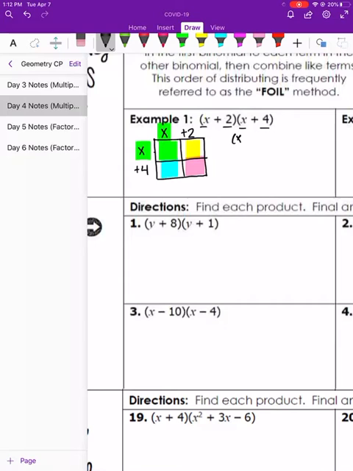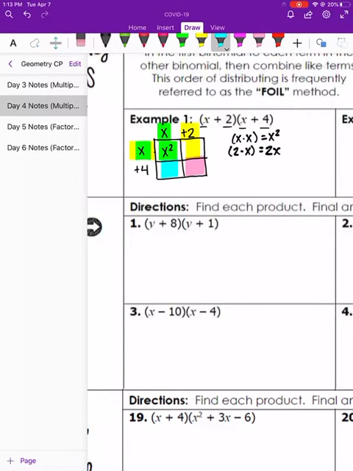So x times x equals x squared. So x squared goes right there. For my yellow one, I'm going to look at the 2 things that go into the yellow box. This 2 goes in and this x. So if I do 2 times x, I get 2x.